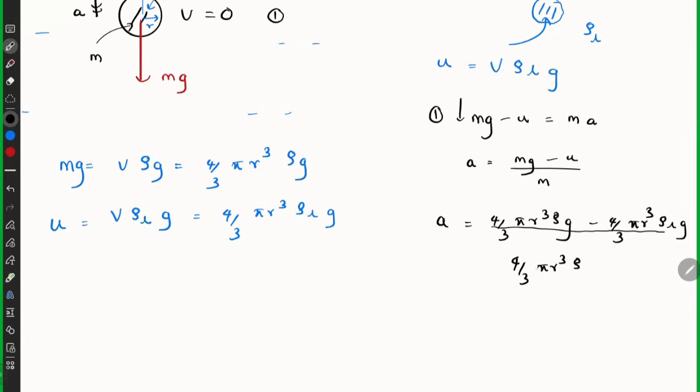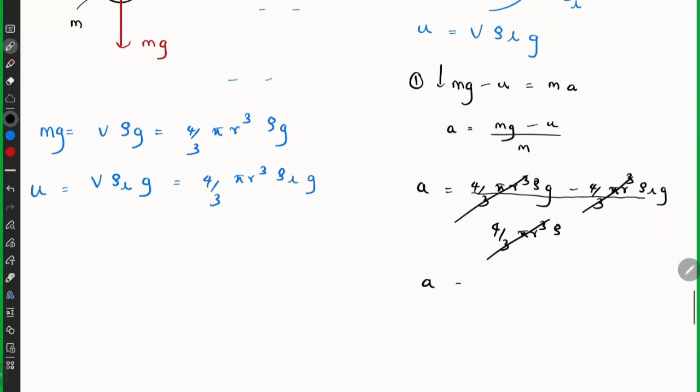So you can divide some terms, and this cancels off. So what do you get then? I can take g out, multiplied by rho minus rho liquid, and divide it by rho itself.